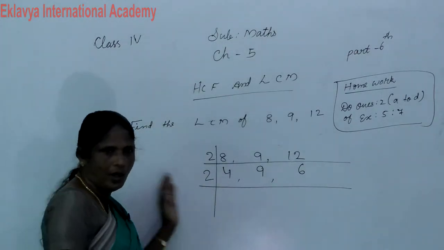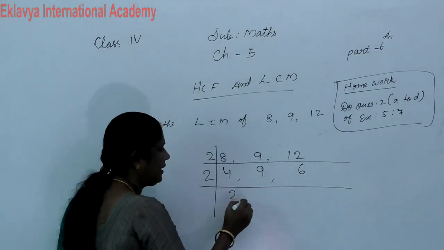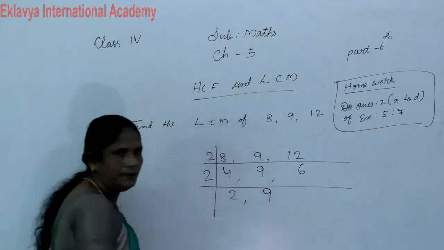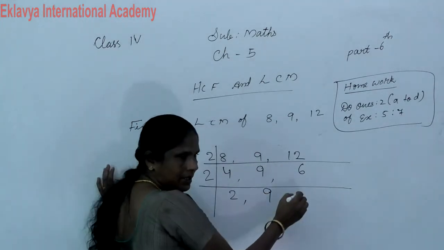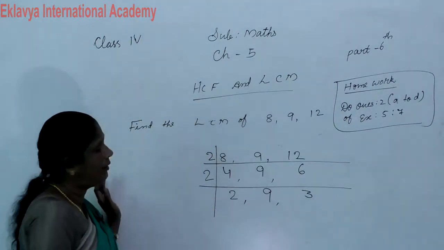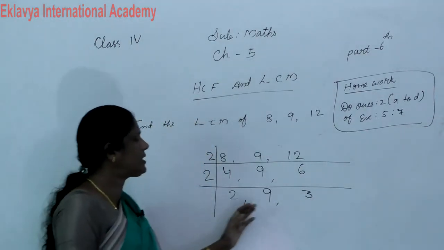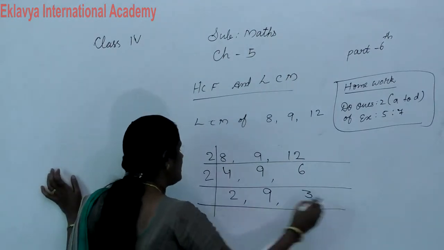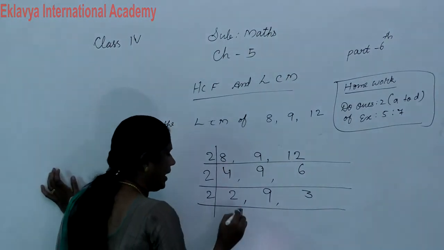How many times does it go? 2 times. Here? No, as it is you write here. Then how many times here? 3 times. Again you check if 2 is divisible in this number. Yes, 1 time.